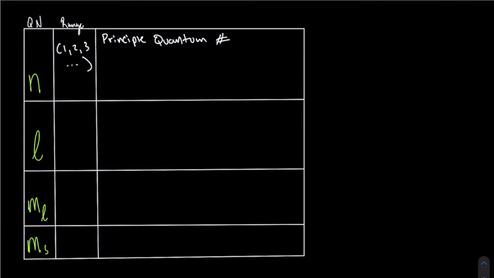And they primarily describe the distance between electrons and the nucleus, and their relative energy in each orbital.